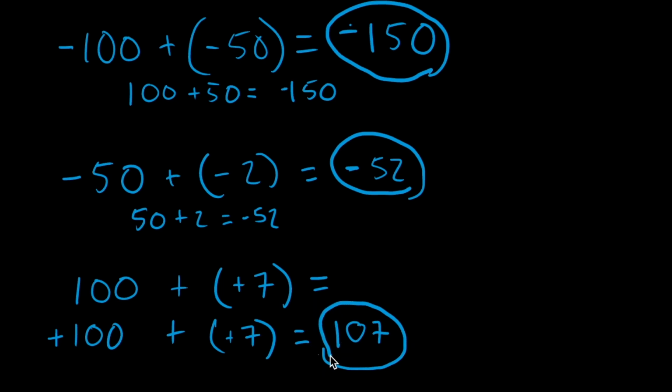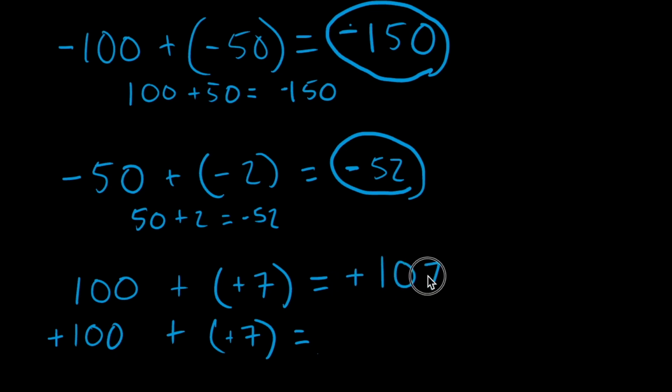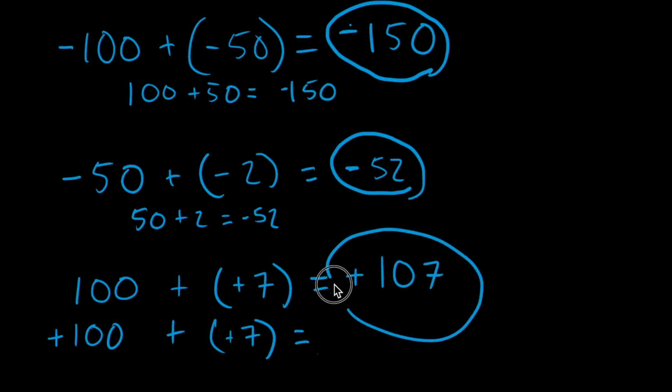Circle this around there, because both numbers have the same sign, so you add them and keep the same sign. So we can just erase all this and just write positive 107, and that is your answer.